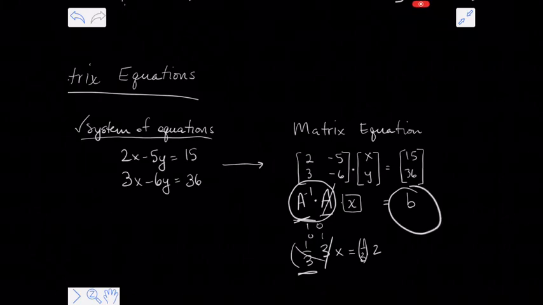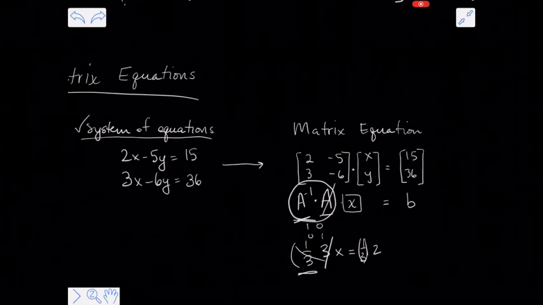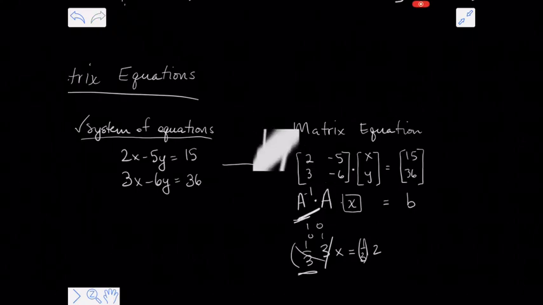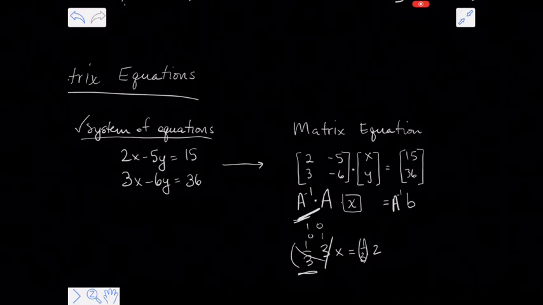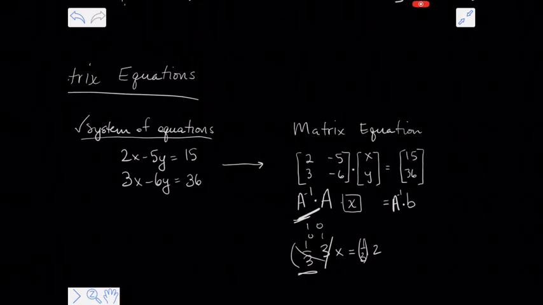This is very, very important to pay attention to. The order of multiplication for matrices is very important. If I'm multiplying by the inverse to the left side of matrix A, then I've got to multiply by the inverse to the left side of matrix B. Matrix multiplication order matters. So I'm multiplying on the left side here, and I'm multiplying on the left side there.